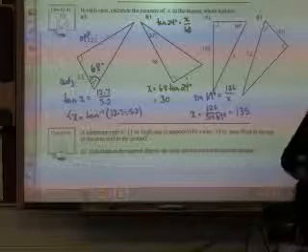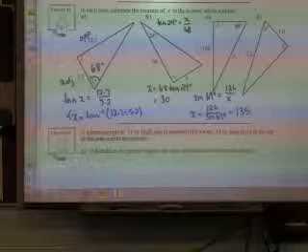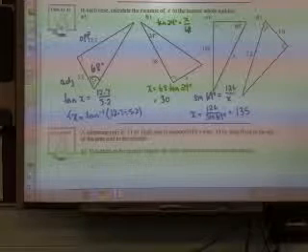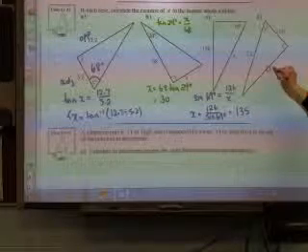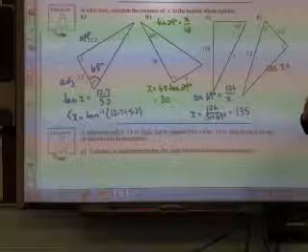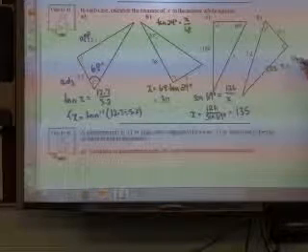So how would I solve for angle X in D? You use cosine. So cosine X equals what? 4 over 40.